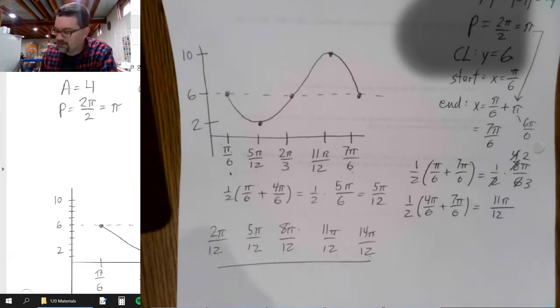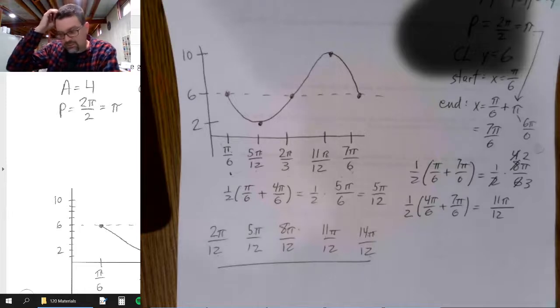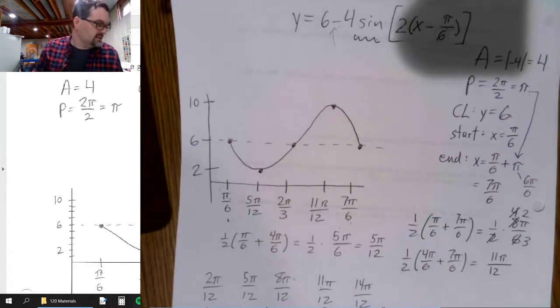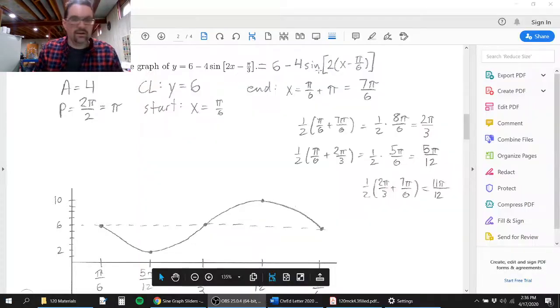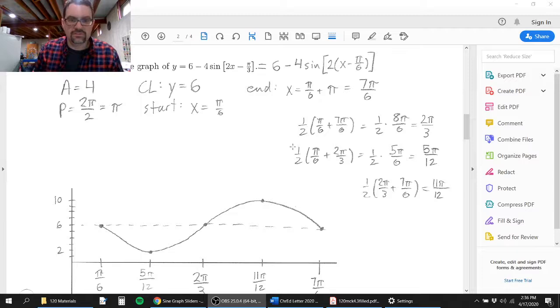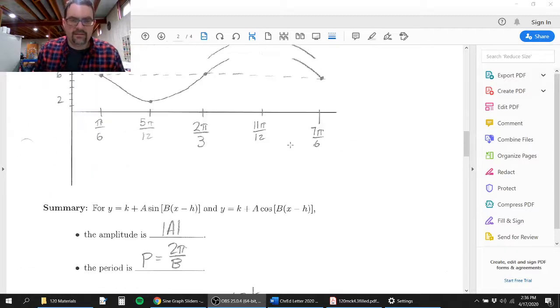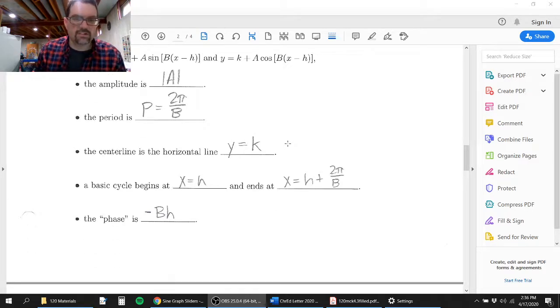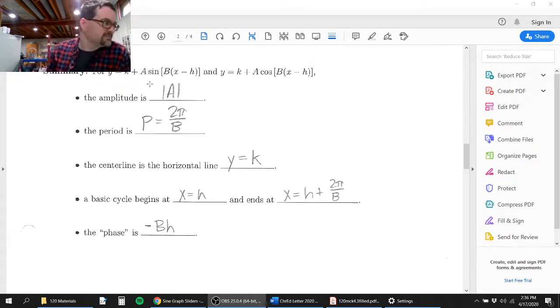Okay, so just to summarize, and this is back on the filled in notes. There's the one we just did. Here's the summary. So this is all the changes we have. So like we saw before, amplitude, absolute value of whatever A is.